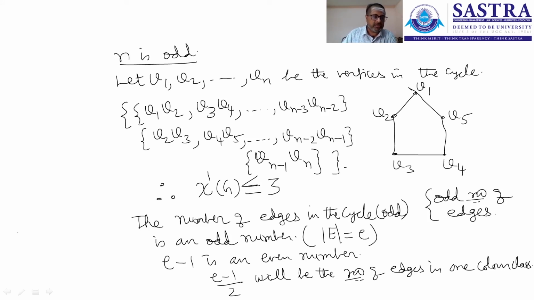And now when I just count the number of edges, I will have E minus 1 by 2 plus E minus 1 by 2, this will give you E minus 1.